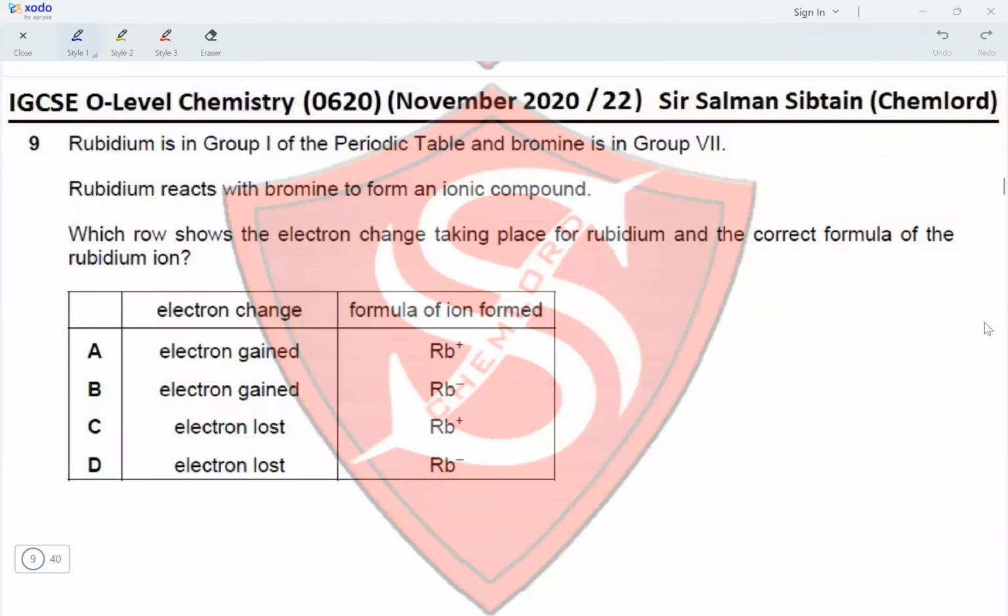Question 9. Rubidium is in group 1 of the periodic table and bromine is in group 7. Rubidium reacts with bromine to form an ionic compound. So this would be Rb, and it forms a compound with bromine, so RbBr. Rb would have a positive charge, Br would have a negative charge. Okay.